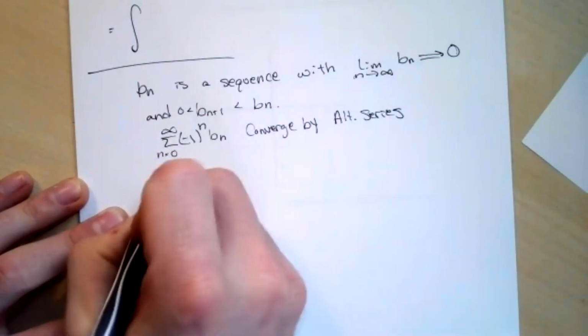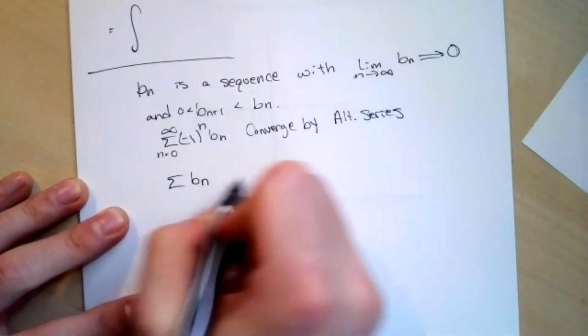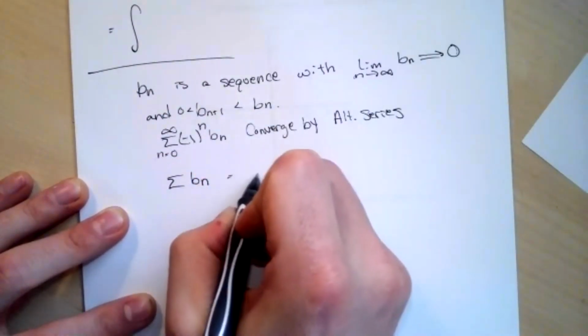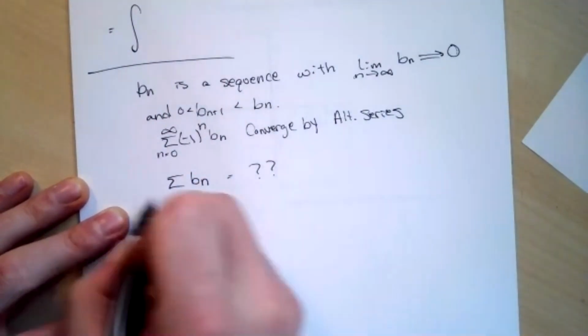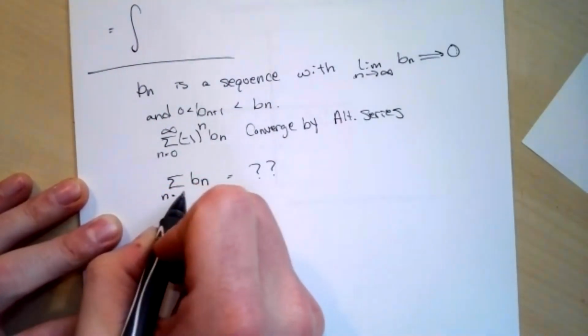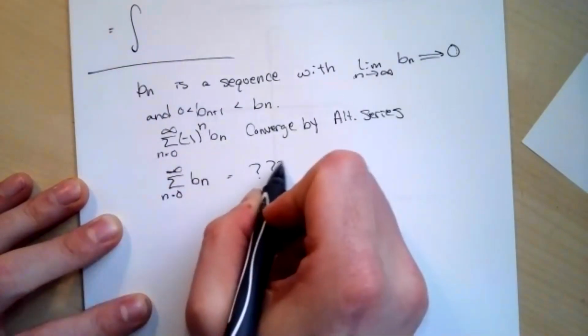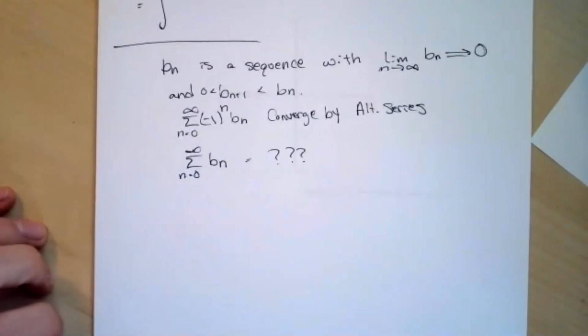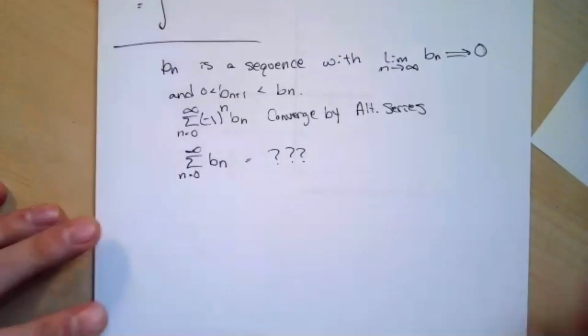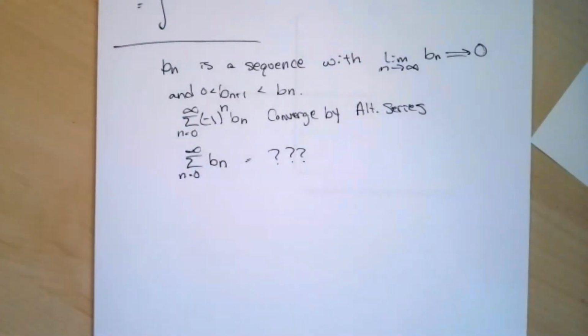But we don't know what's going to happen if I don't make it alternating. We would have to use a specific sequence and know what the sequence of individual terms is doing. If it looks like a polynomial, we would want to use a p-test.